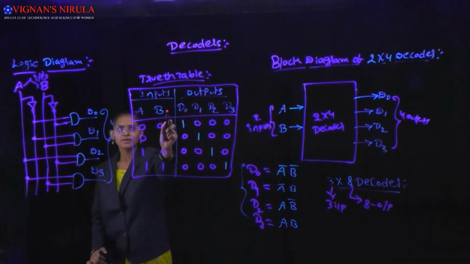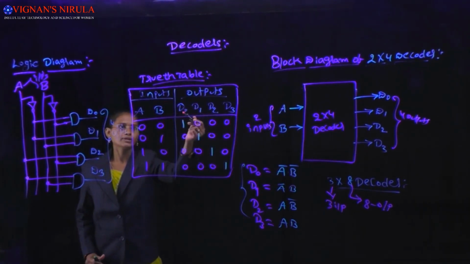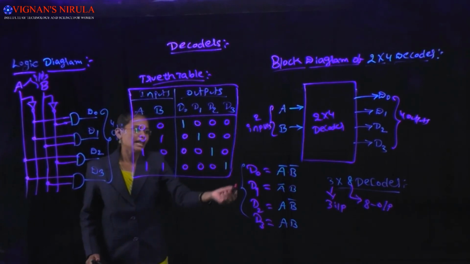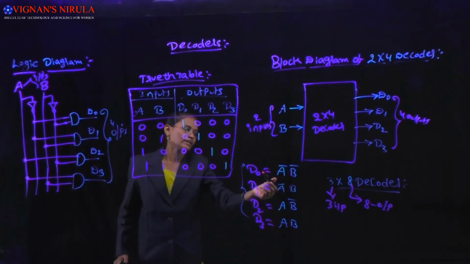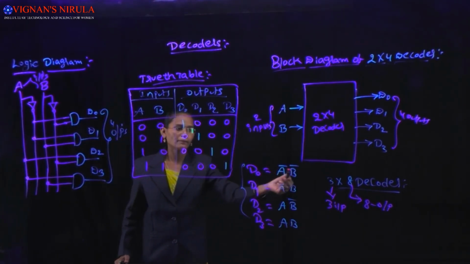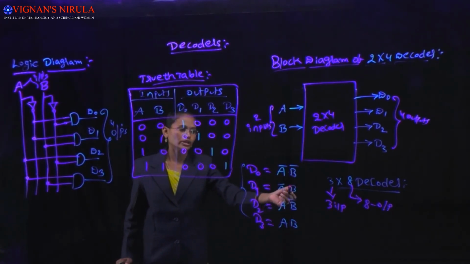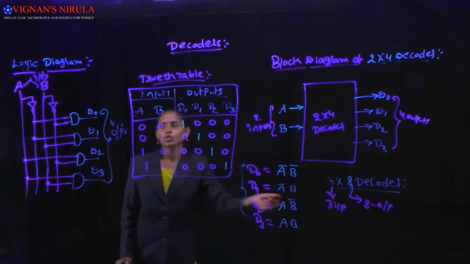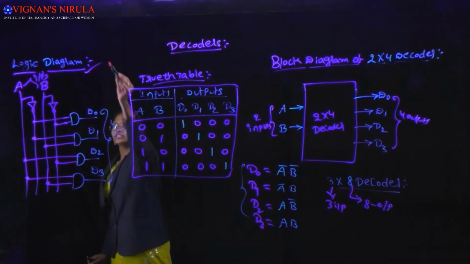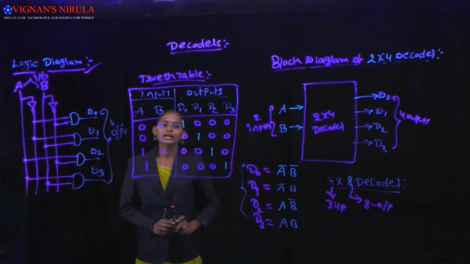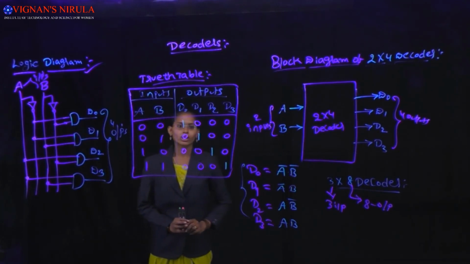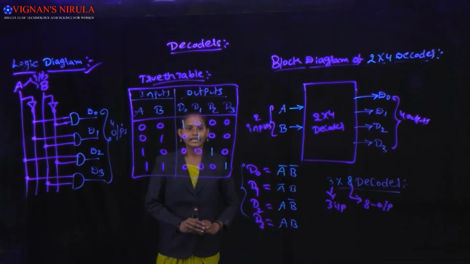Like this, for the Boolean equations we can write D0 as A bar B bar C bar, and D1 as A bar B bar C. Like this, we draw the logic diagram for the 3 to 8 decoder. This is the overall topic about encoders and decoders.